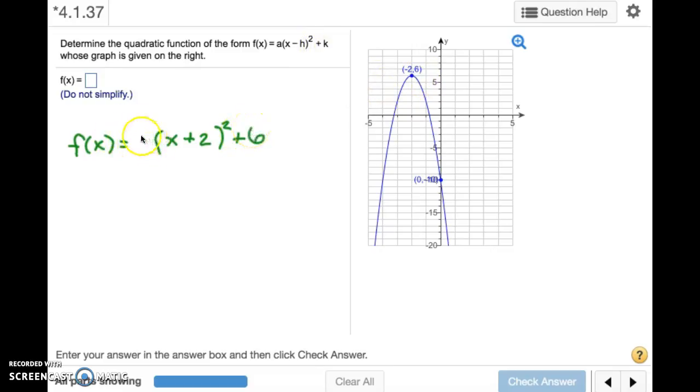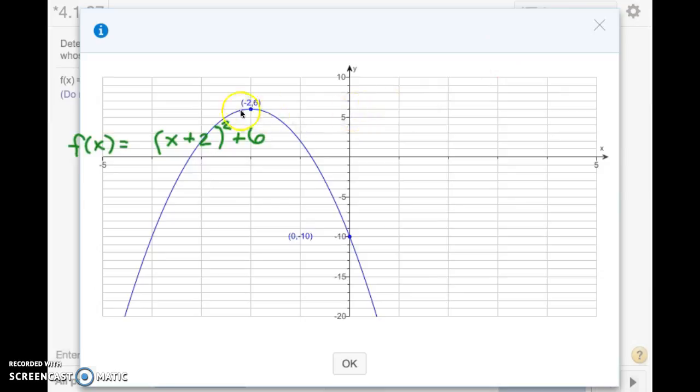Now, to figure out what this a value is, I'm actually going to make my graph a little bit bigger. And the a value is a scaling factor. If I go 1 unit away, right here I'm at -2, 6. And if I go to -1, I'm down here at 2.